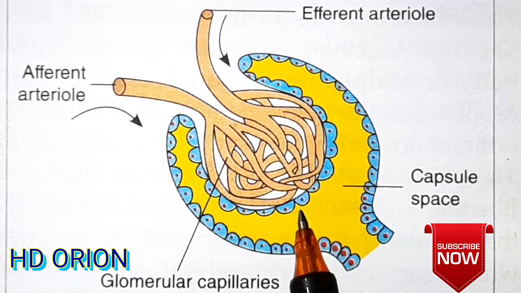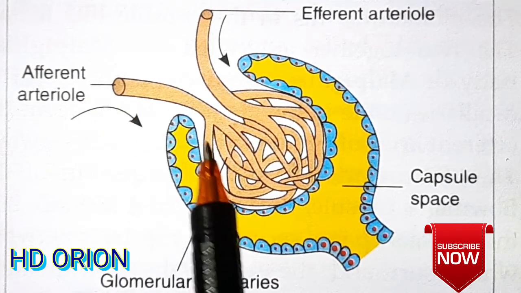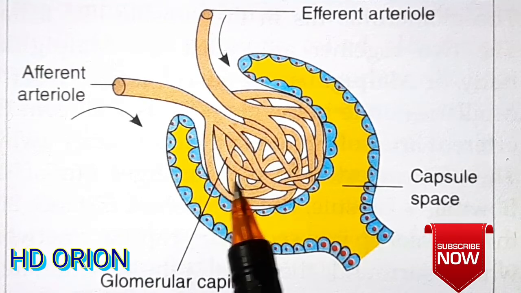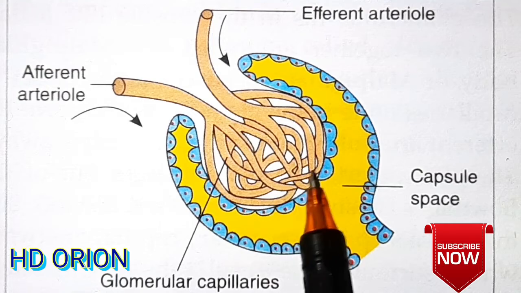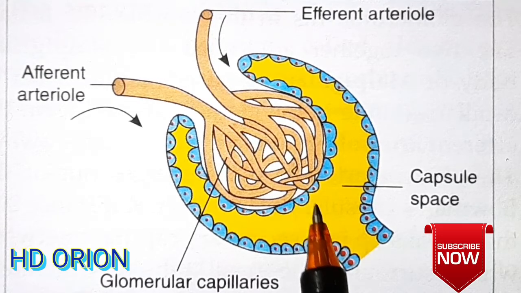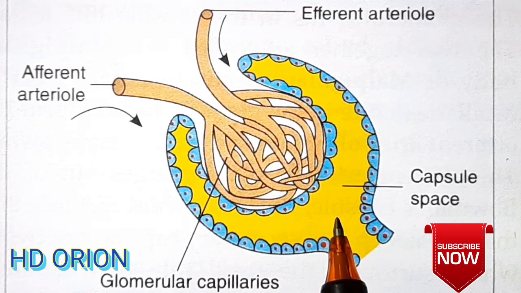Because when the filtration takes place, when the blood from the renal artery and then from the arteriole comes over here, the diameter gradually becomes less and less, and therefore the space for the traveling of the blood becomes less and the pressure increases. So when there is a lot of glomerular pressure, the filtrate is filtered from here. So the blood gets filtered and comes over here as filtrate.